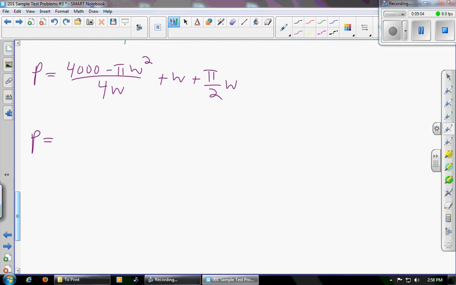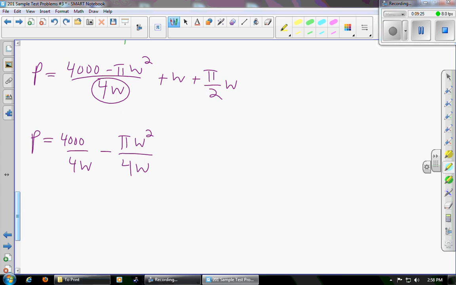But I'm going to do something kind of funny, and that's take this 4W and split it up and make 2 fractions with a 4W underneath. So the first fraction is a 4,000 over 4W. Second fraction is a pi W squared over 4W, minus sign in the middle. The only reason that worked is that the 4W that was there in the bottom is one term.